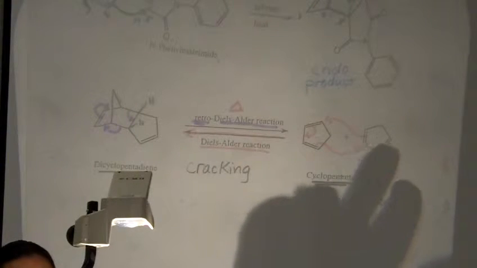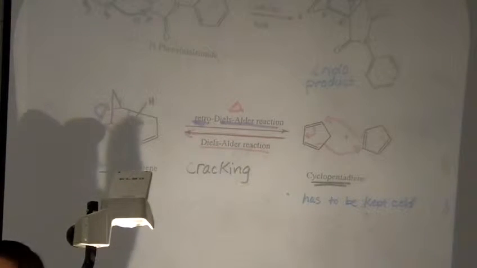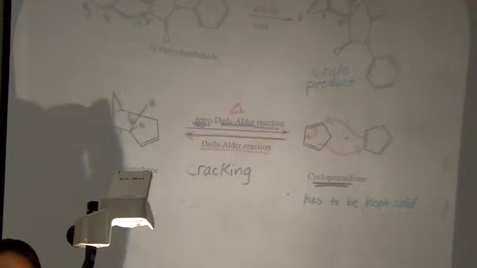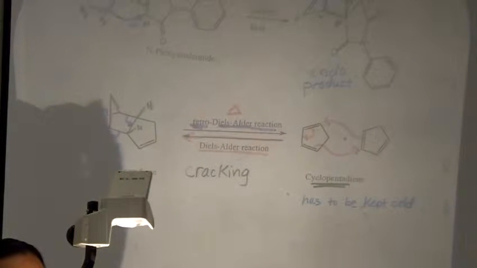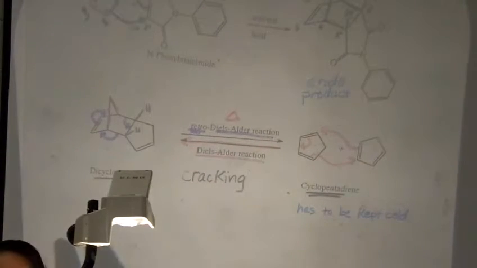So 2 cyclopentadienes will react in a Diels-Alder reaction and go to dicyclopentadiene. What we buy is dicyclopentadiene, and so what we have to do is what's called cracking, where we will heat this up and then distill to get the cyclopentadiene as this form, not as the dimer, all right?